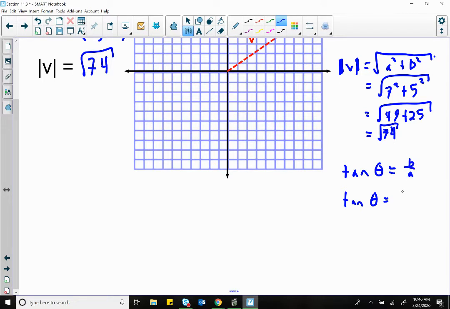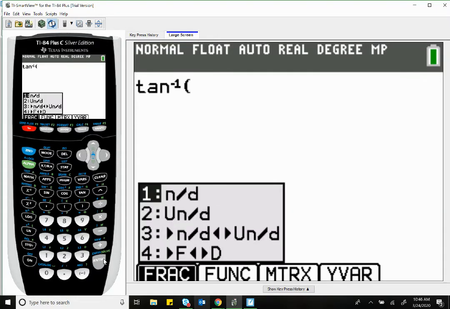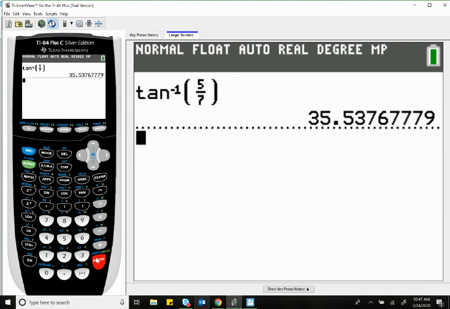Is equal to 5 over 7. How do I get theta by itself? Inverse trig. Tan negative 1. So we just go to our calculator. Second tangent, 5 over 7. And there's our angle. Let's just say round to the nearest tenth, 35.5 degrees.